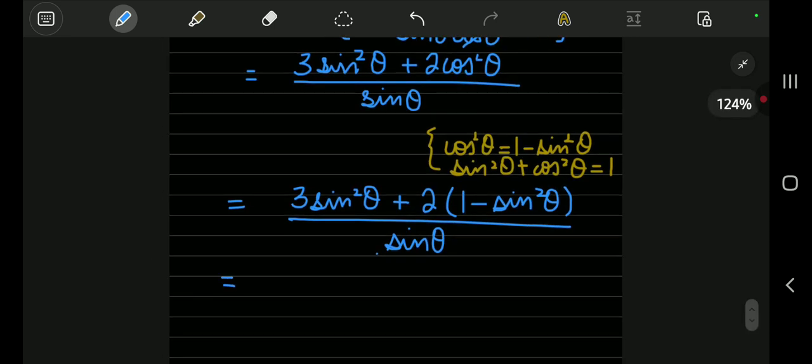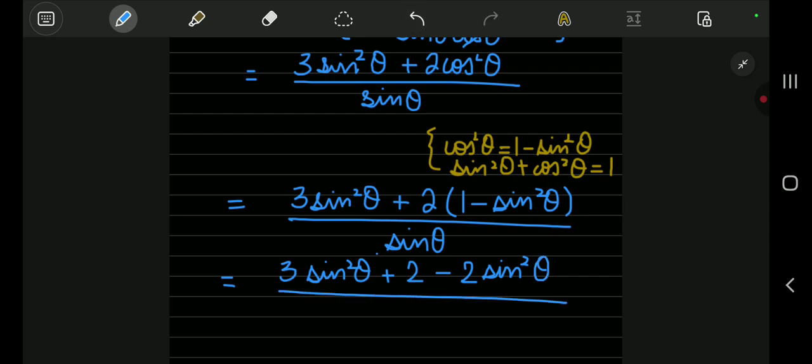So we will get 3 sine square theta plus 2 minus 2 sine square theta over sine theta.